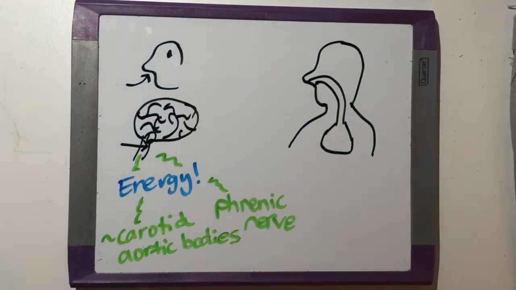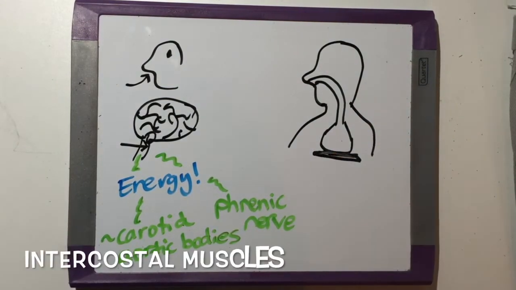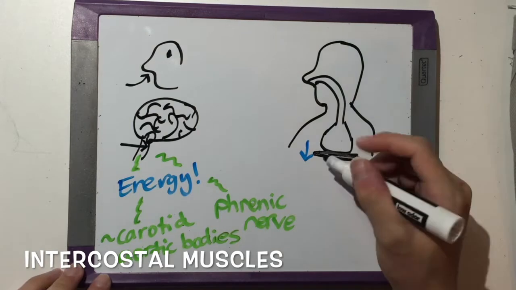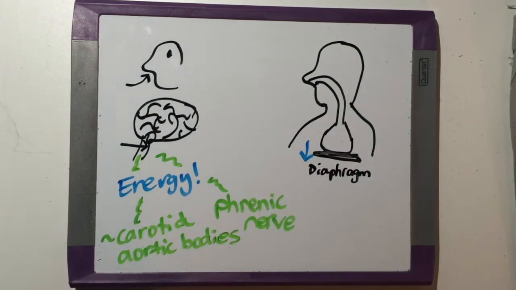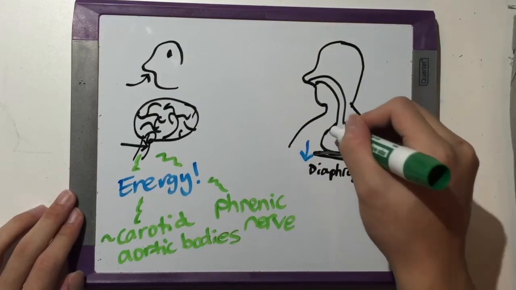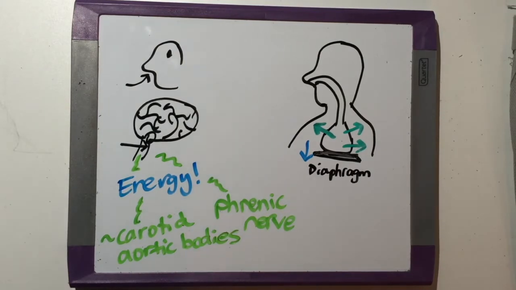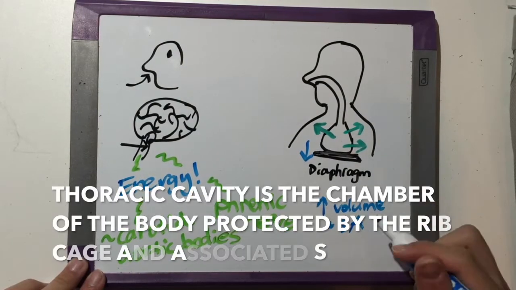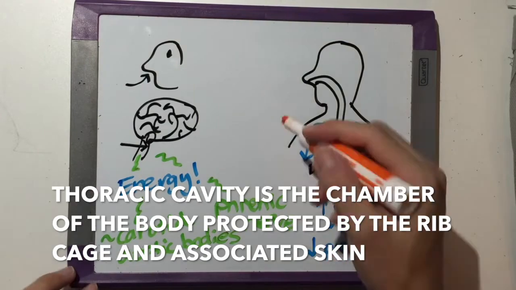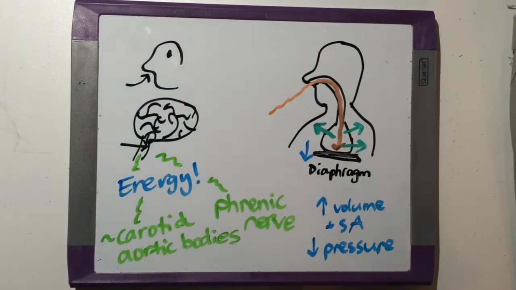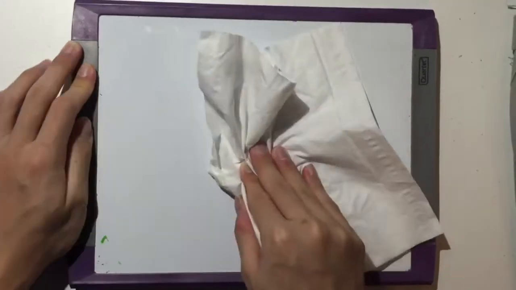When the diaphragm gets flattened, intercostal muscles, which are the muscles in between ribs, relax. This causes an increase in the volume of the thoracic cavity and lungs. As volume increases, the pressure decreases. Since air moves from places with high pressure to low pressure, it flows into your lungs.